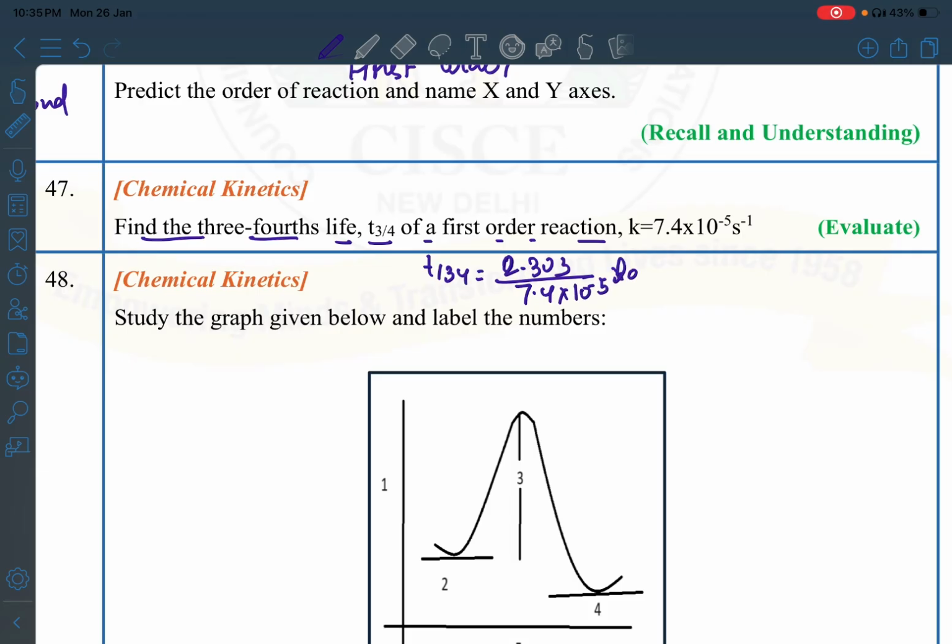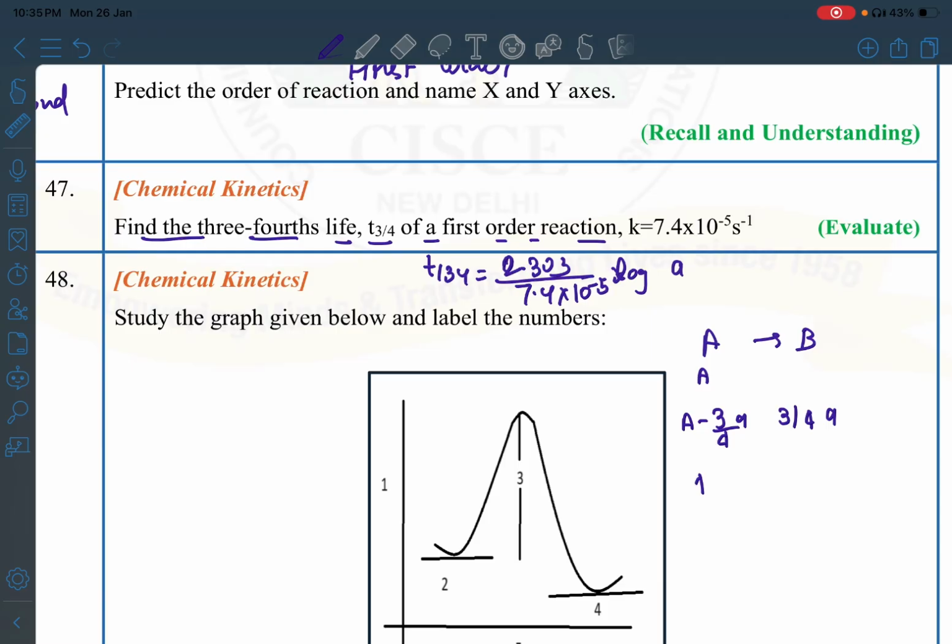Let's assume the initial concentration is A, so A is converted into B. At the time it is 3 by 4 A. So A minus 3 by 4 A.